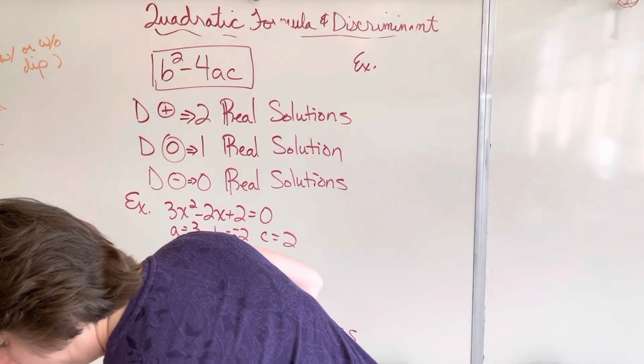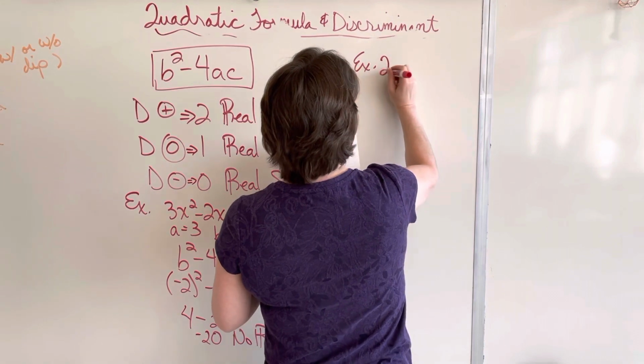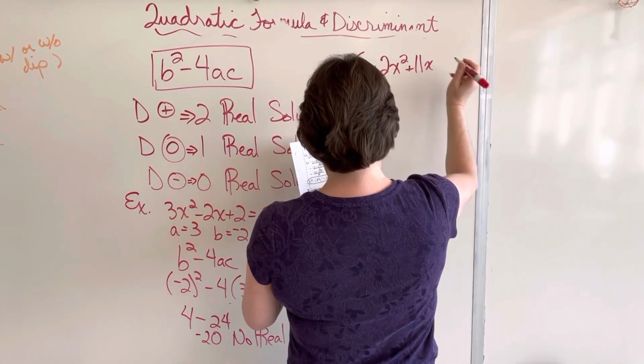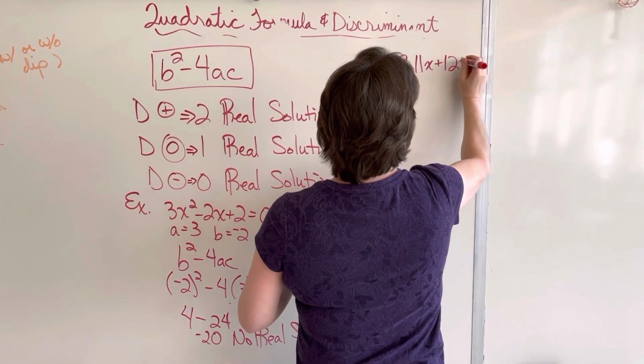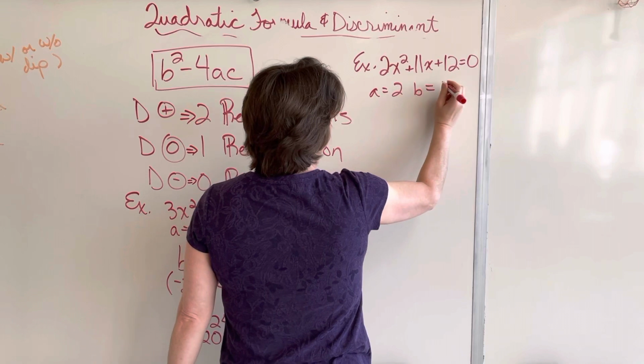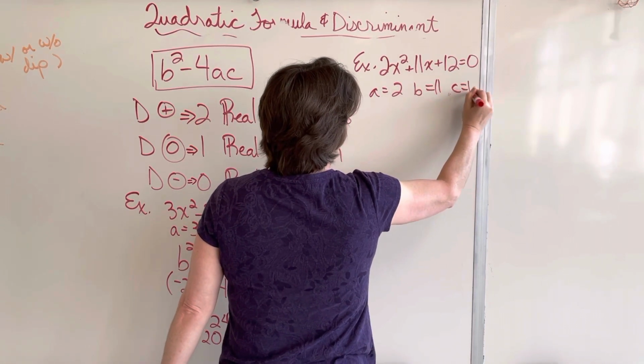Next example, I've got 2x squared plus 11x plus 12 equals 0. a is 2, b is 11, c is 12.